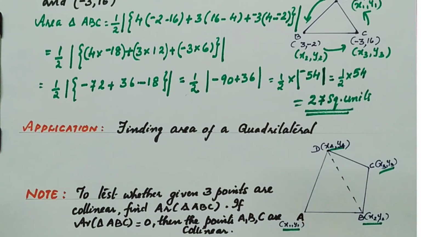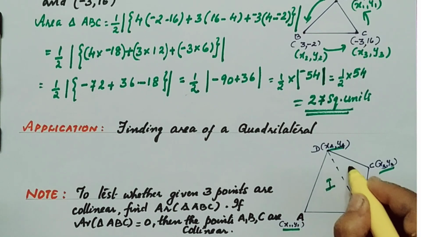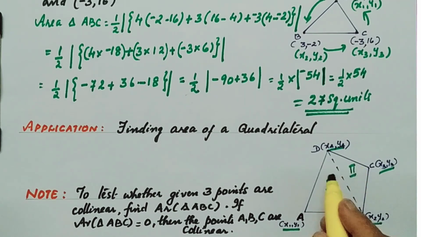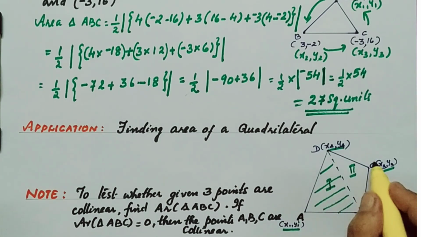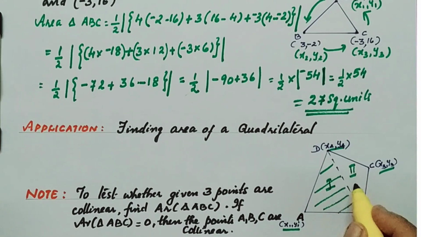One diagonal you need to draw so that the quadrilateral gets divided into two triangles, triangle 1 and triangle 2. Find the area of the first triangle by applying the area formula with x1, y1, x2, y2 and x4, y4, and then find the area of the second triangle by using the coordinates B, C and D. Add up these two areas, you will get the area of the quadrilateral.